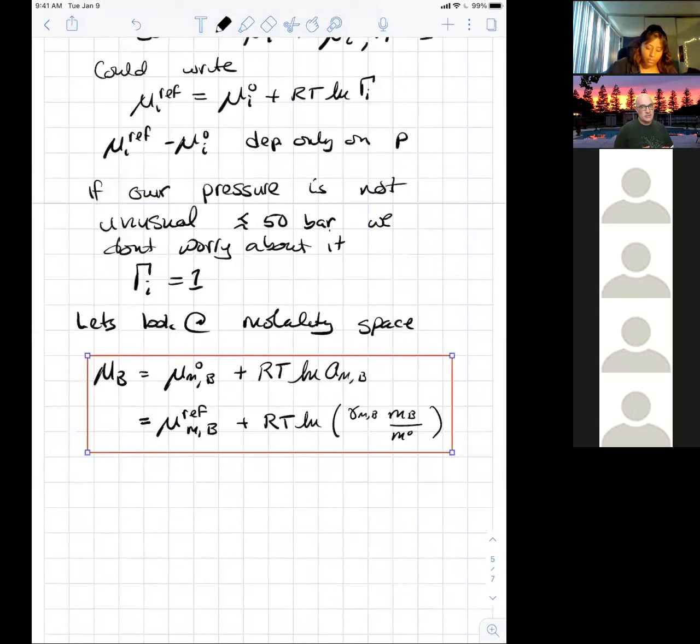And then we introduced the activity coefficient to talk about non-ideality. But now we're going to generically talk about the activity, which however we express those three factors together, is going to be defined as the activity. And for a component in its standard state, the activity is 1, which denotes the fact that that component does not want to do anything, right?